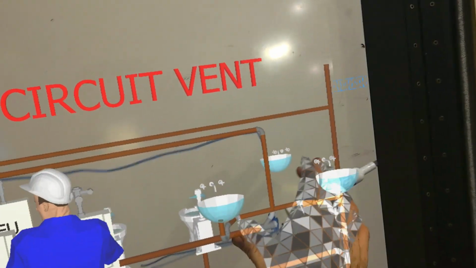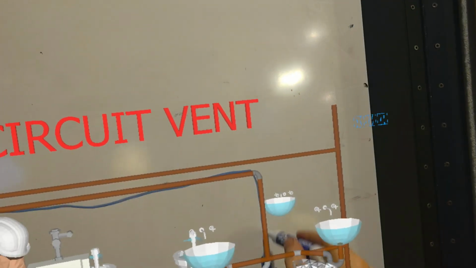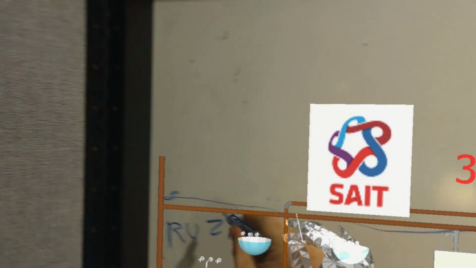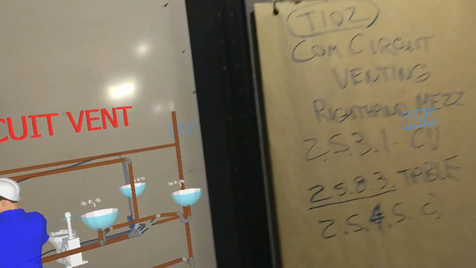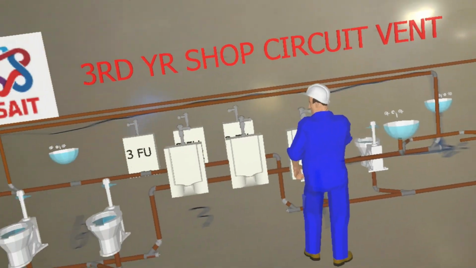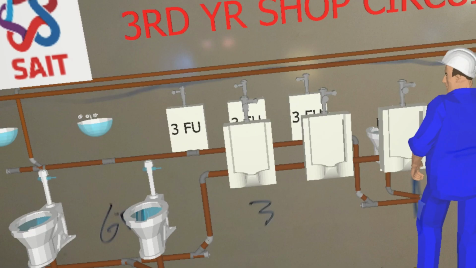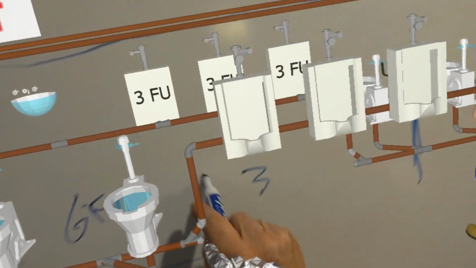How would you size the dry portion of the circuit vent? You'd have to go right to the horizontal, and that would be its developed length from here all the way to here. So in the plumbing shop, you'd have to measure these meters to figure out the actual size of it on 2583.